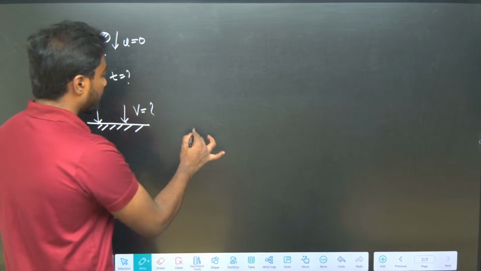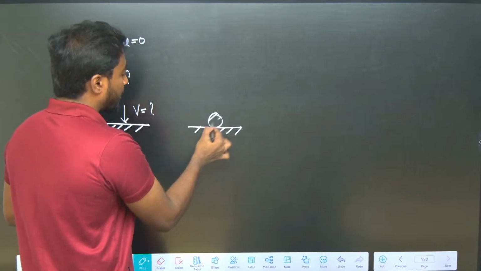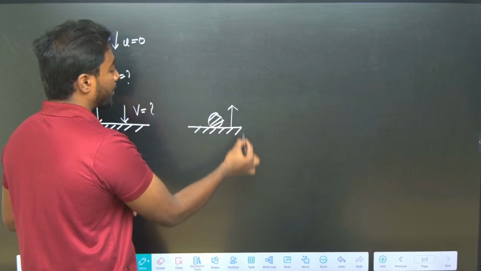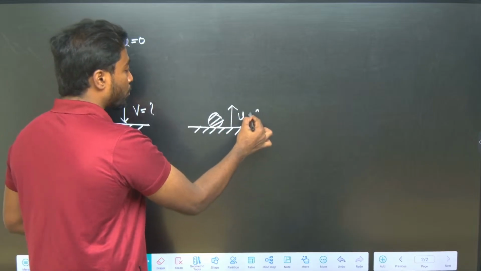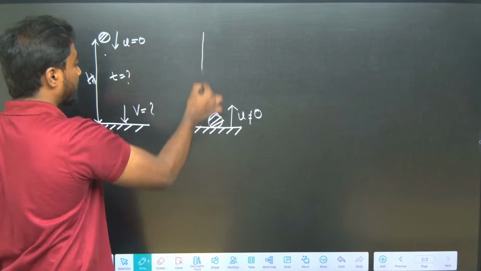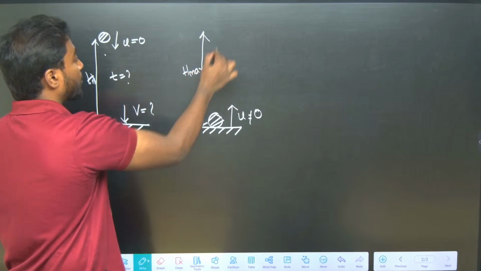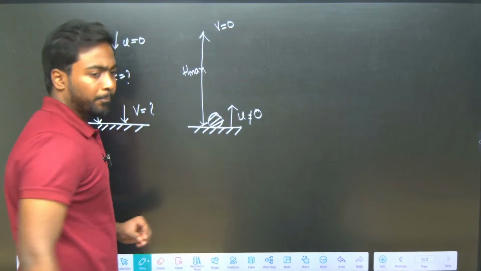Now, the same thing in the reverse manner. From the ground level, I am taking an object and throwing it with some velocity. So this is u, and u will not be equal to 0. After reaching a certain height, I am considering that height as maximum height, h max, and the velocity will become 0 at that particular point.